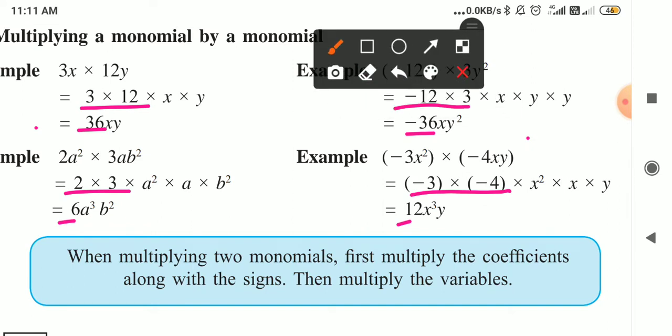Variables means those terms which are changing their values. So here we did the multiplication of x into y, that is xy. Here x y into y, that is y square. So xy square is here.